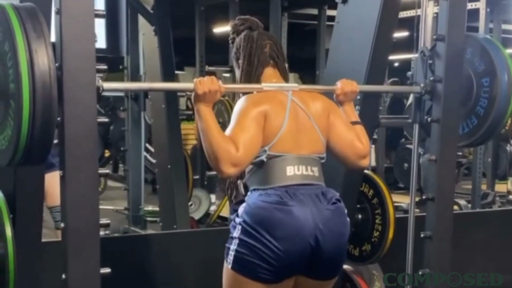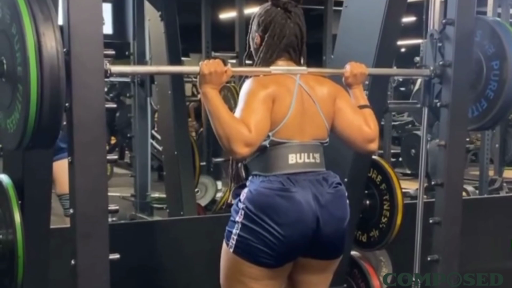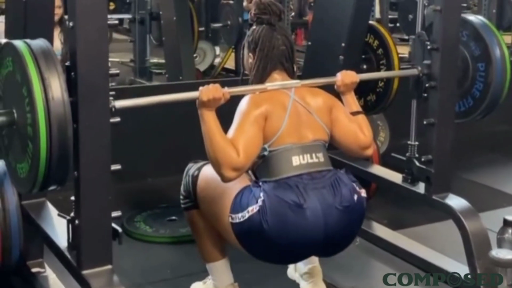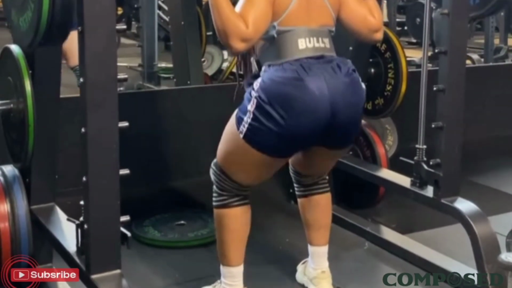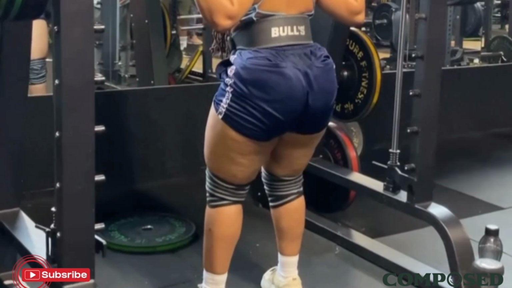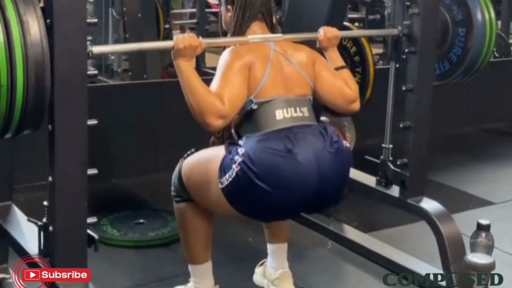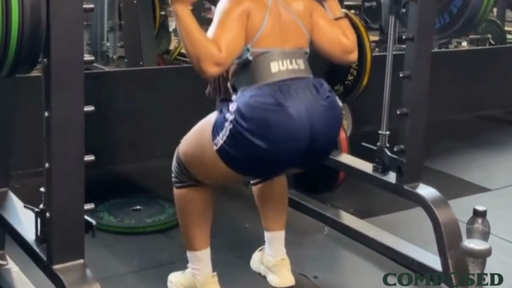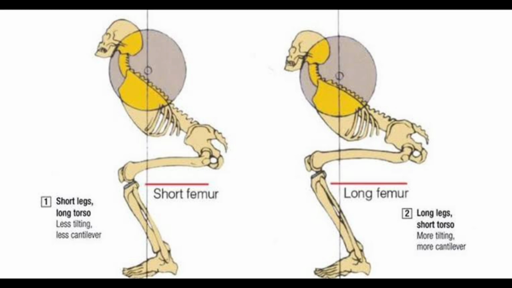These differences in hip structure affect how deep you can squat, how wide your stance is, and the angle of your feet. There are other anatomical variations like femur length. People with a longer femur relative to their torso may find it hard to squat deeply without leaning forward.